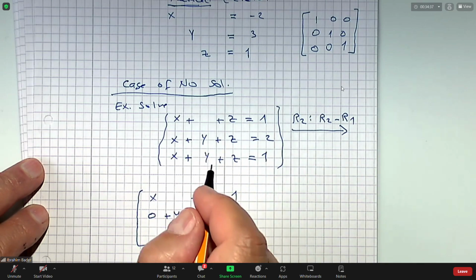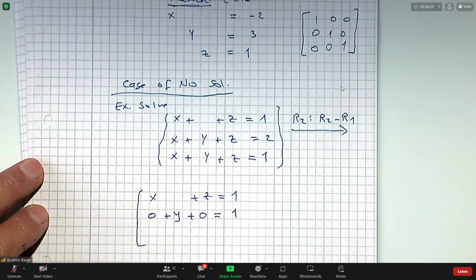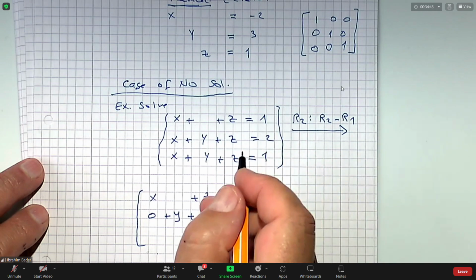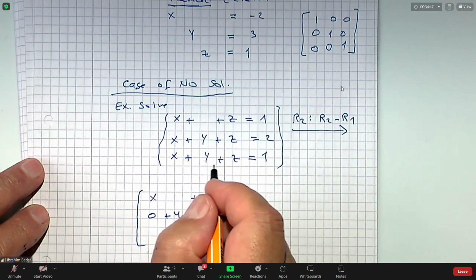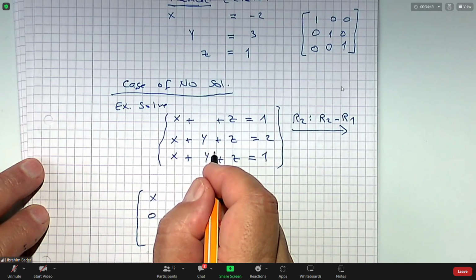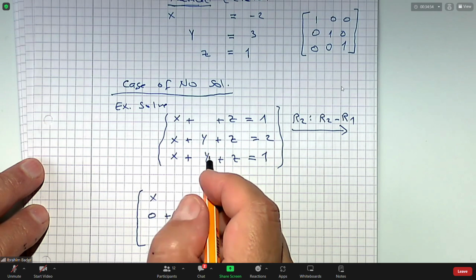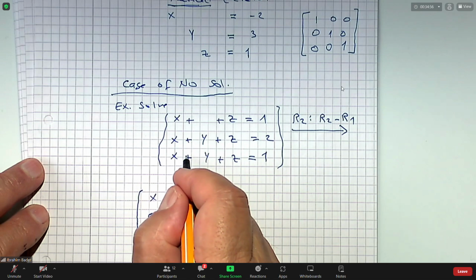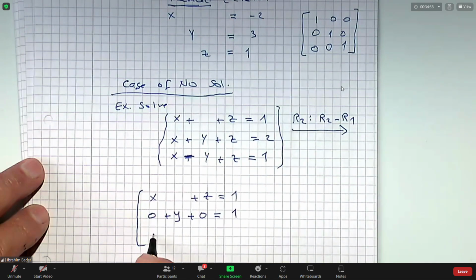Sorry, this one is minus, not plus. Both are positive, and the last one here is negative. So x minus y plus z equals 1.